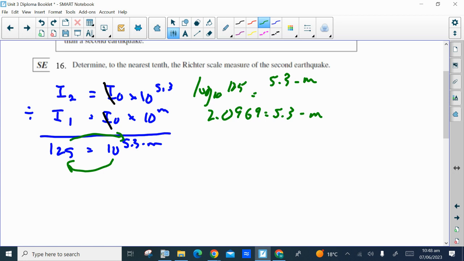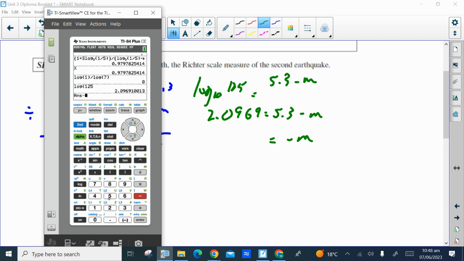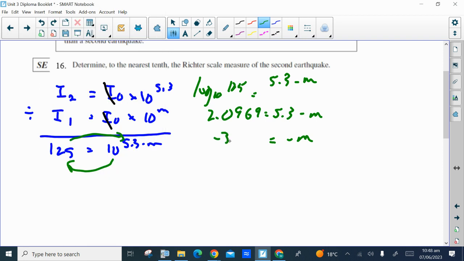So negative m will equal that decimal minus 5.3, which is negative 3.2. So you'd multiply both sides by negative 1, and you'll get 3.2 as the magnitude of the second earthquake.